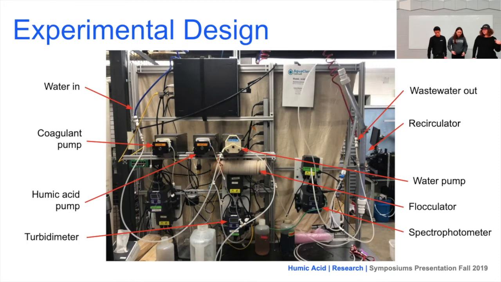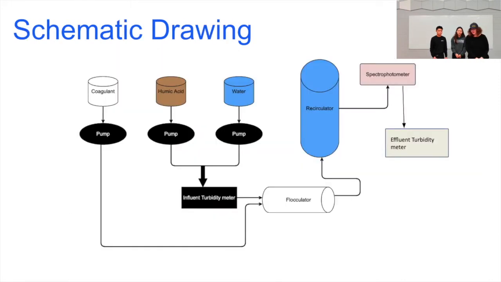Then the humic acid, water, and coagulant enter the flocculator, which then goes into the recirculator, settles into the sedimentation tank, and then the clean water rises to the top and goes through our spectrophotometer, which measures absorbance, and our effluent turbidity meter. The schematic is just to clarify where all the connections are. If the picture of our experimental setup doesn't make sense, you can just look at this one.